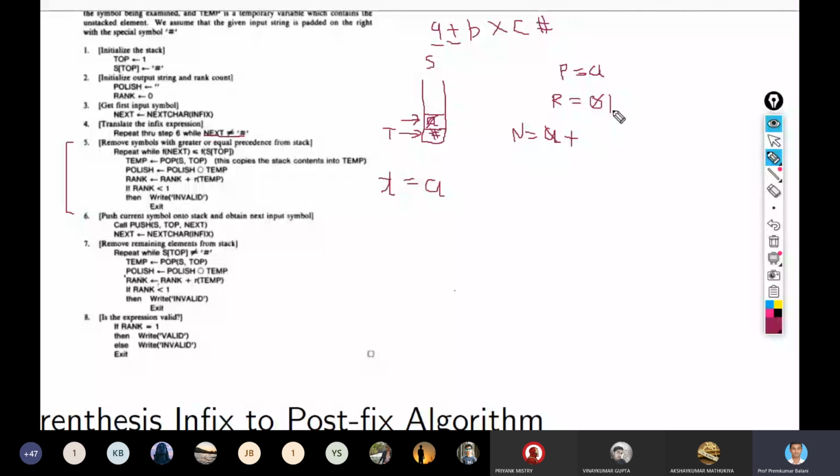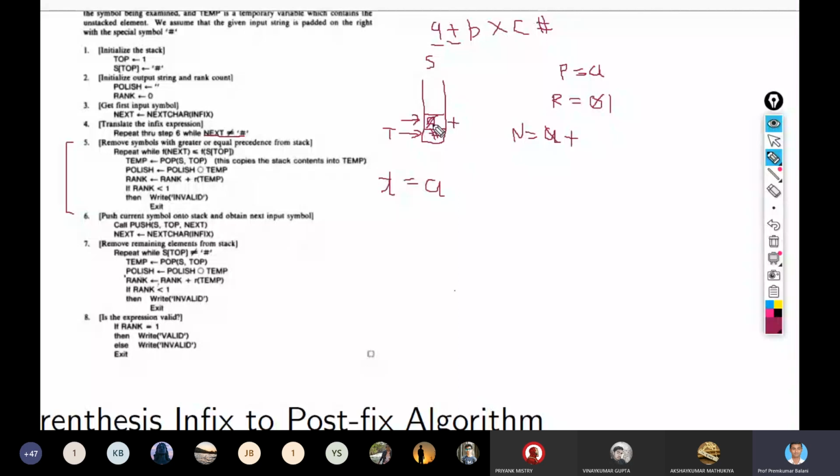Then we have come to step 6. Push as top, next. Whatever you have in next has to be pushed into the stack. So now plus will be pushed here. Is it okay if I write plus here, everyone?